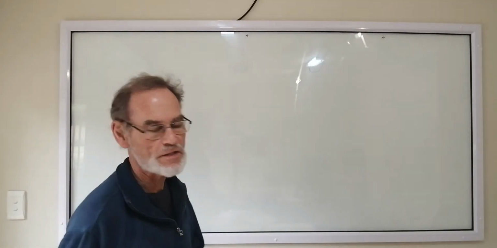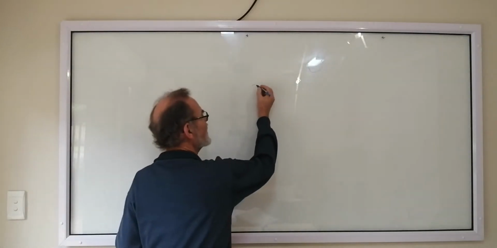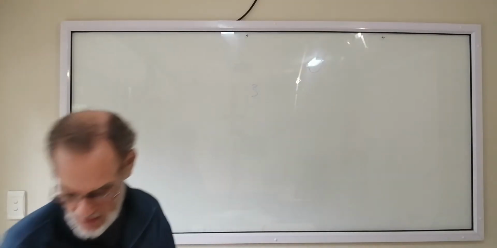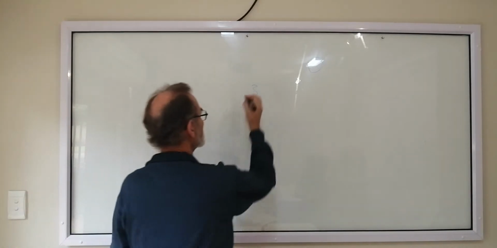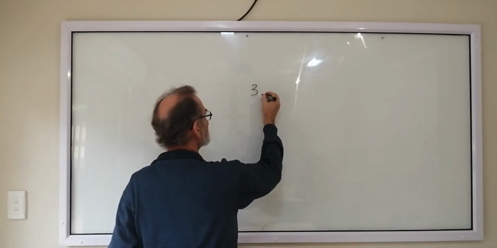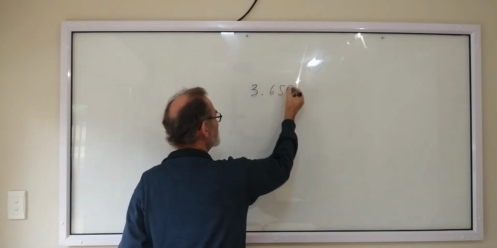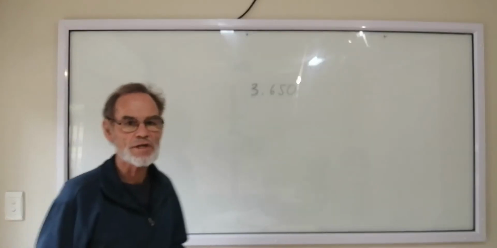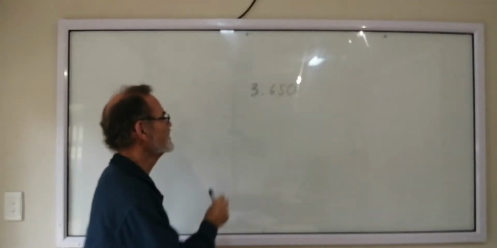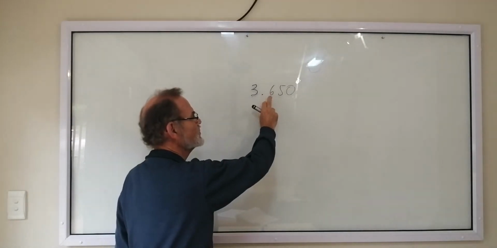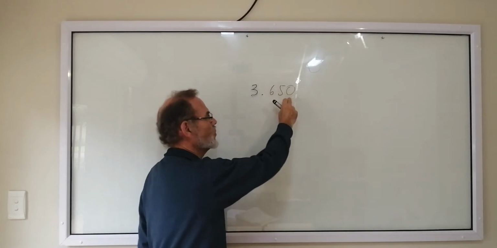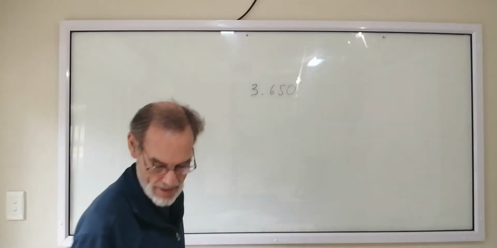When they say significant figures, let me get the better one. 3.650. How many significant figures is that? 1, 2, 3, 4. Okay?